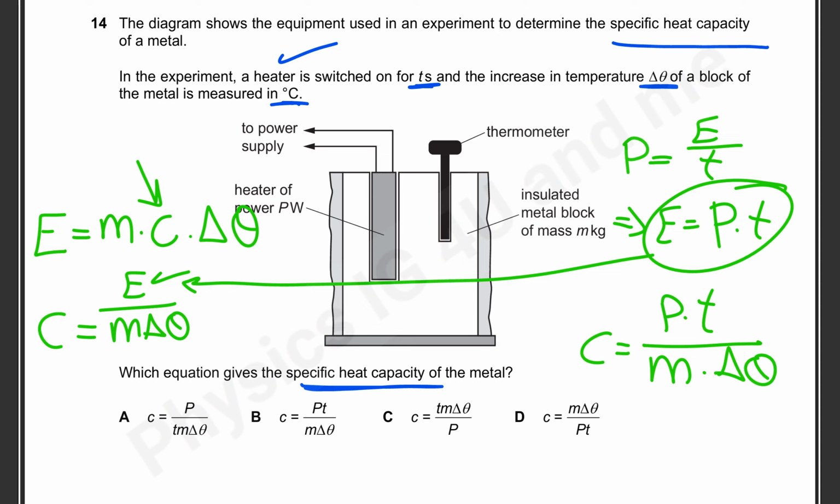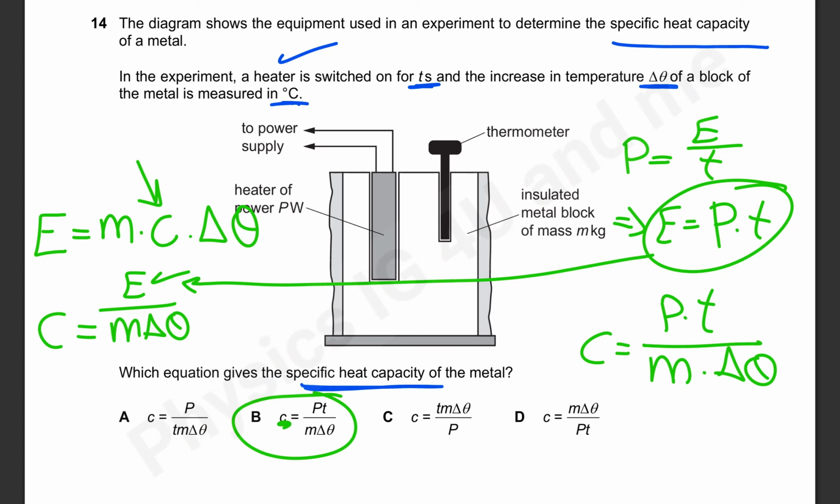Which option is that? This is option C, this one. So it's going to be power multiple time over m delta theta. This is not option C, sorry, my bad. This is the C, it's option B. I circled B, but I said C. Anyway, so it's option B.